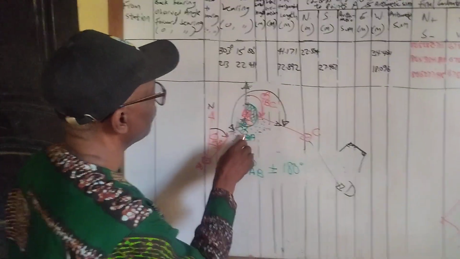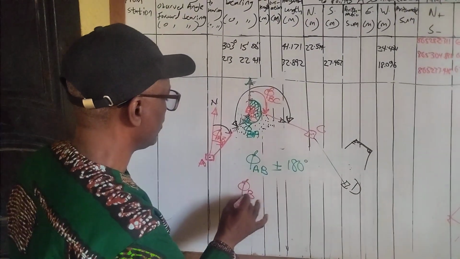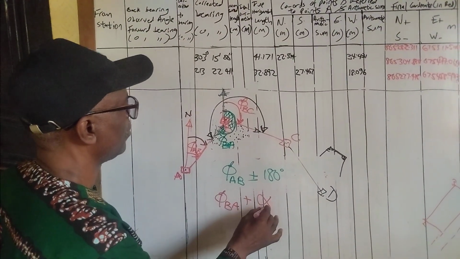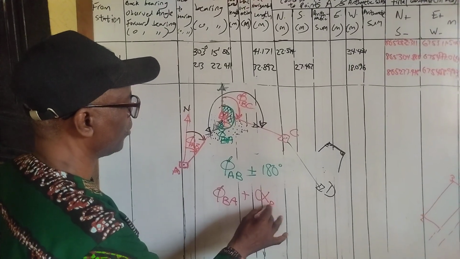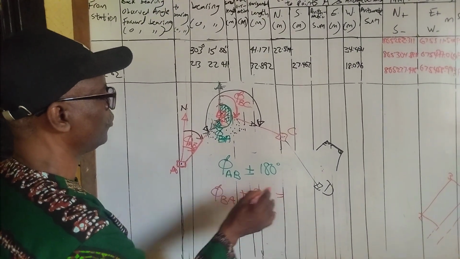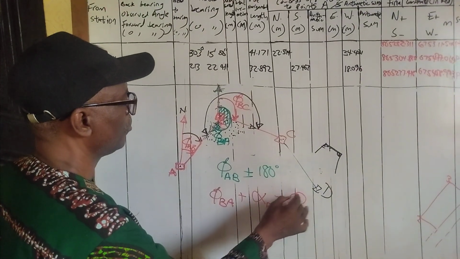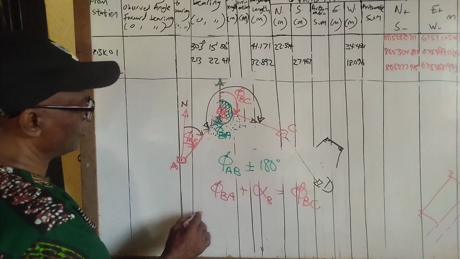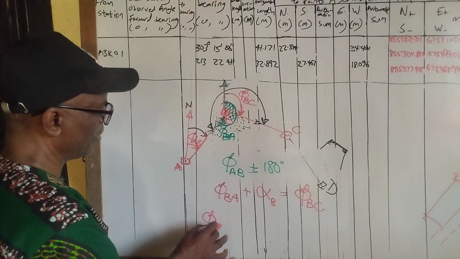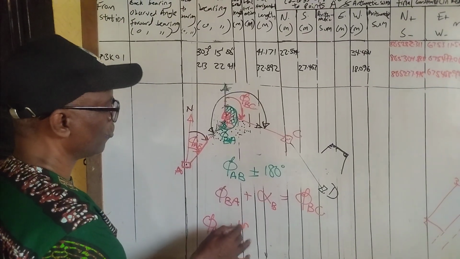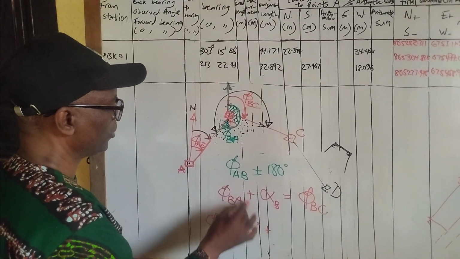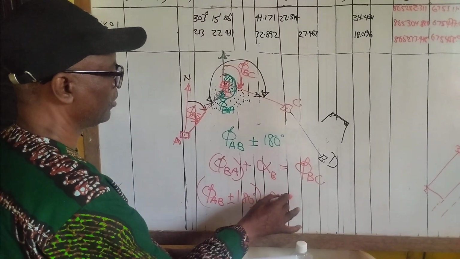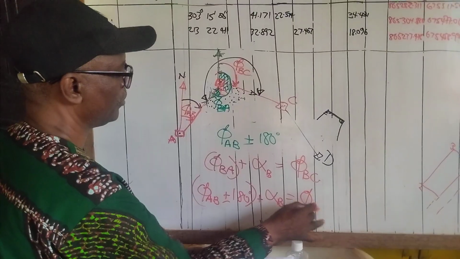So we can now say phi BA plus this angle at point B will give you the bearing B to C. But remember that phi BA is what? Phi AB plus or minus 180 degrees. So if you replace that, phi AB plus or minus 180 plus alpha B gives you phi BC.